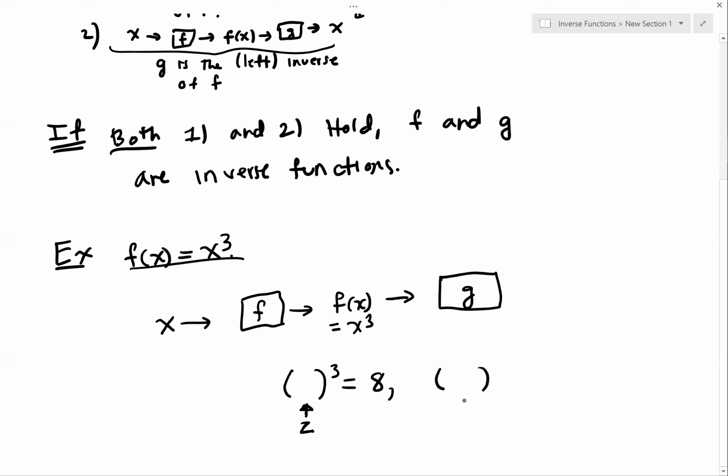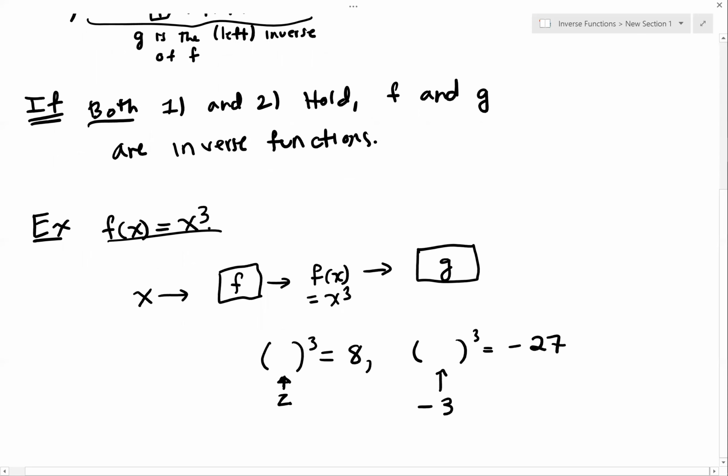What do I cube that gives me negative 27? Pause the video if you want to think about it. What number do you multiply 3 copies of to give negative 27? You'll end up with negative 3. So given the output and the function, can you figure out what the original input was?